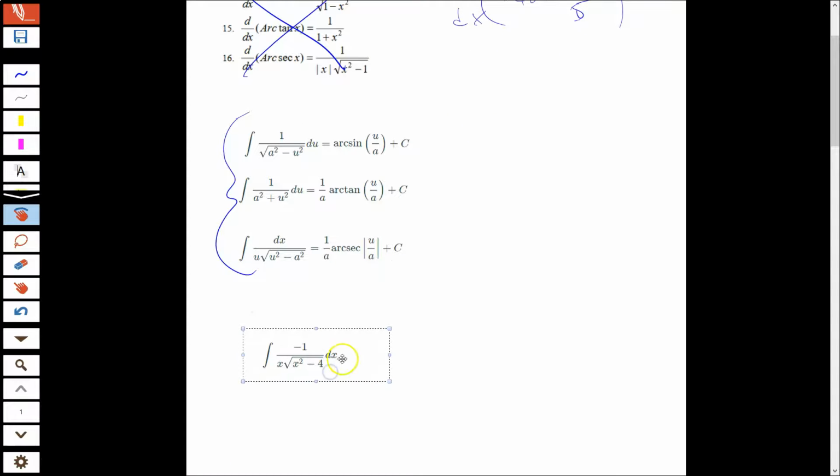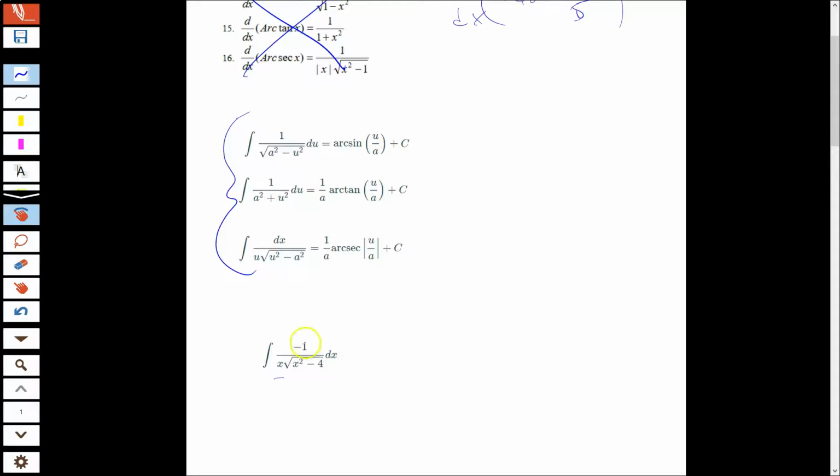So here's the first example we're going to tackle. Knowing now that these come from only one of these three types of functions, you should be able to pick. In this one, you should be looking at the arcsecant because of this x in front.